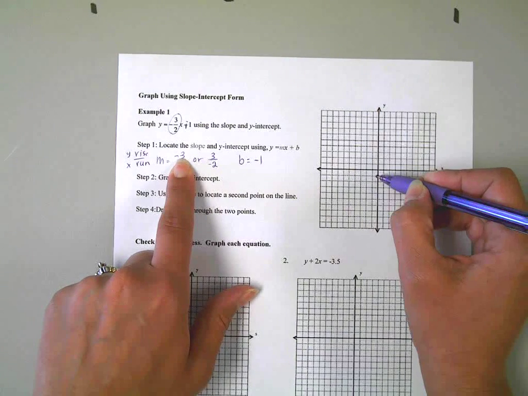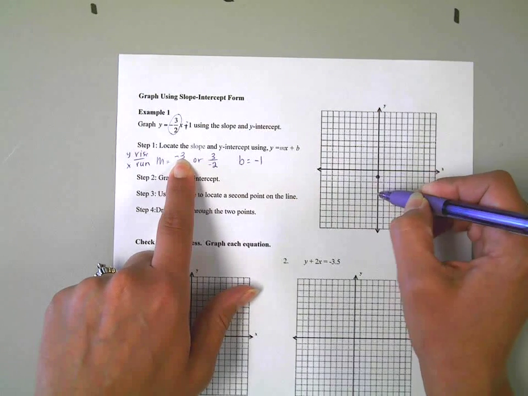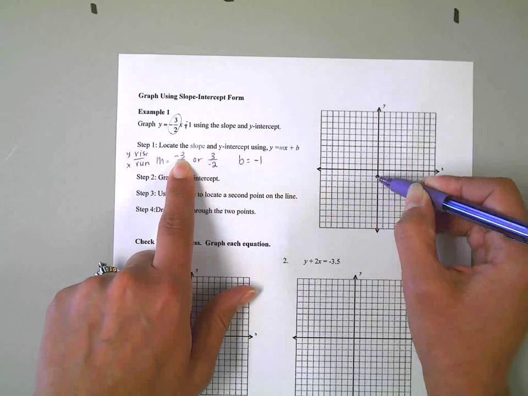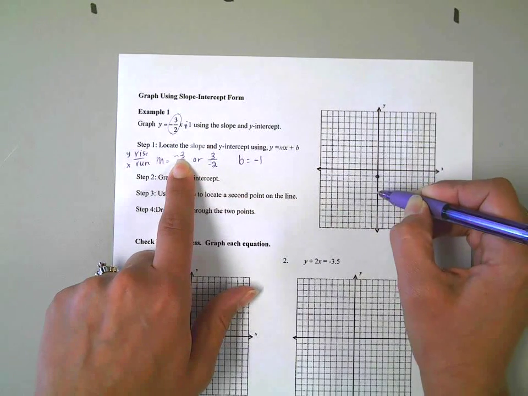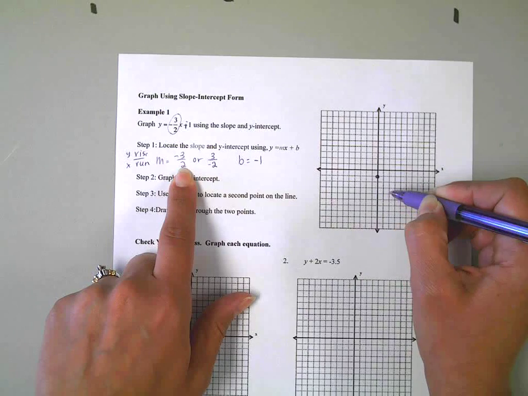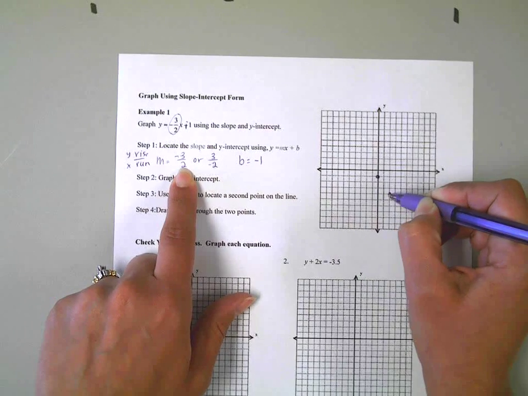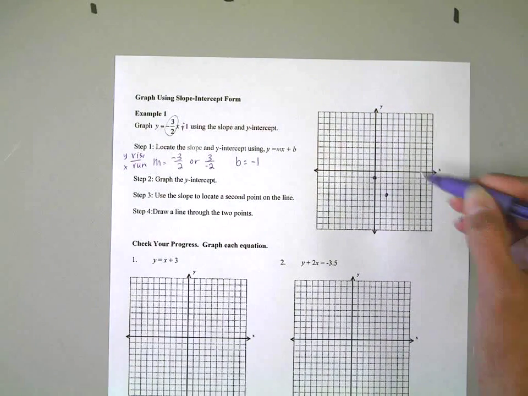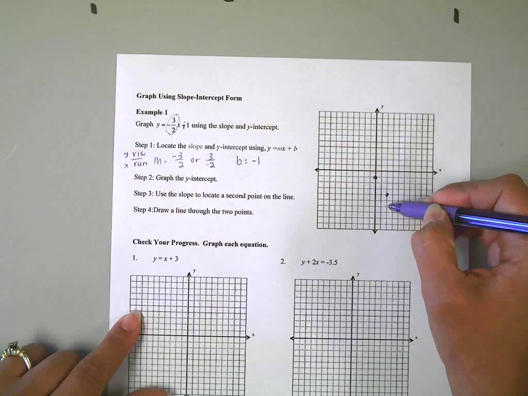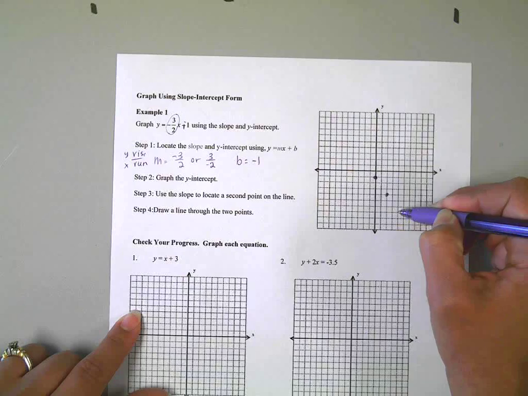So let's use this first, a -3 rise. So we're going to go 1, 2, 3 down, because negative represents down. Then we have a +2. +2 horizontally is 1, 2 to the right. That's one point. And you could continue this pattern.